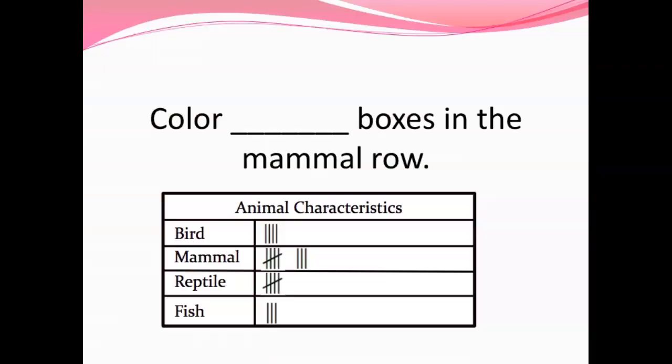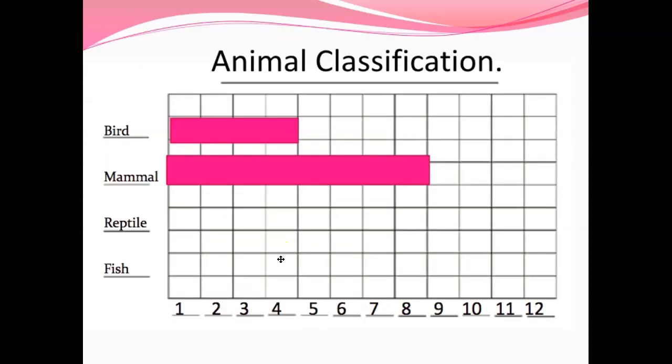Color in how many boxes in the mammal row. Look at your chart. We should have said 8 boxes in the mammal row. 5, 6, 7, 8. And then you can go and do the same thing to your chart. Remember, if you're using boxes, like a graph paper, you can color in 8 boxes. If not, just go up to where your 8 ends, mark a little line, and draw your bar.